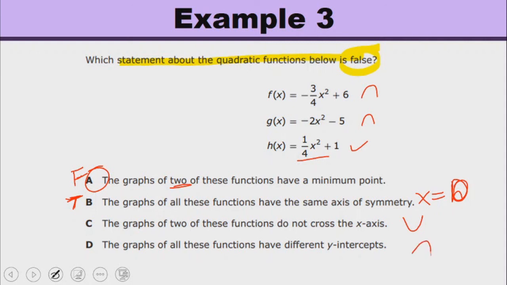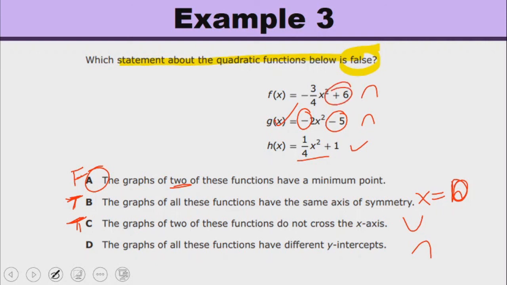Or if it's looking down, then it is also shifted down. Look at G. G is looking down by a being negative, and it's also shifted down. So yes, G is also not going to cross the x-axis. So that's true. Whereas F is going to cross the x-axis because even though it's looking down, it is shifted up.